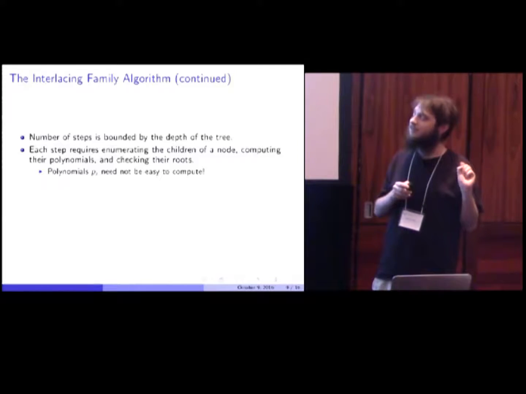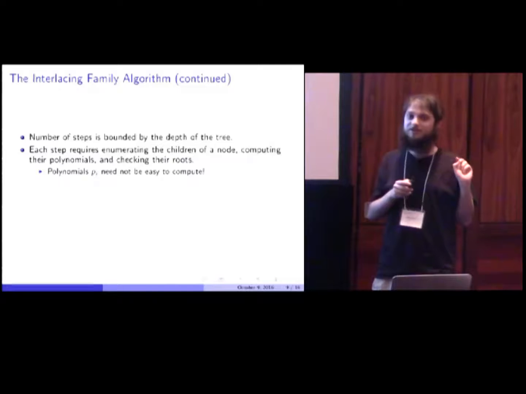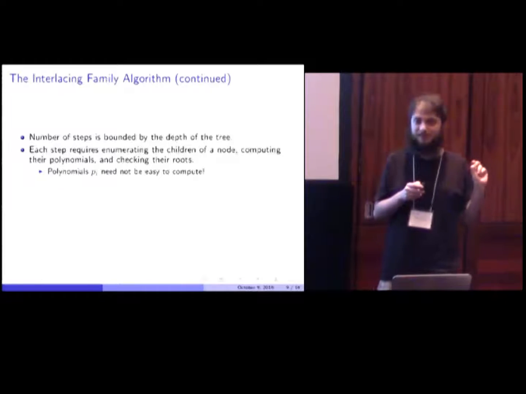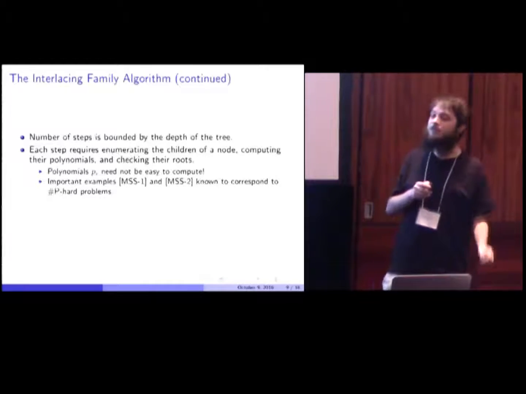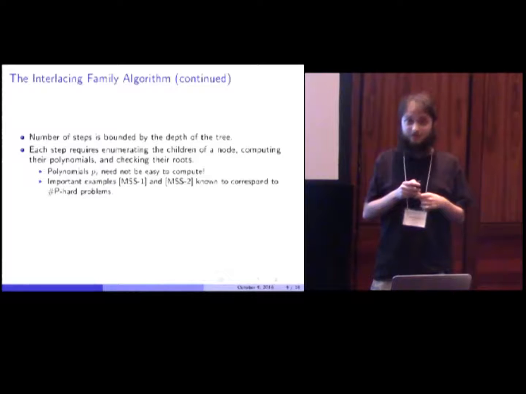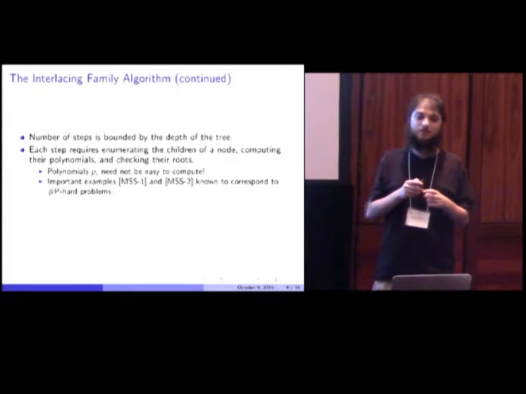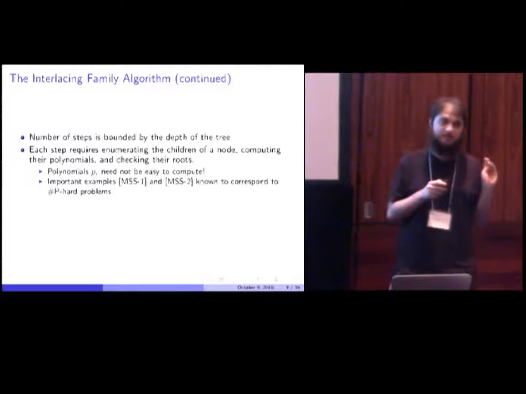So basically all of these steps are usually easy for most of these natural families, except oddly for computing the polynomials. Importantly, the first two interlacing families papers, the first one on Ramanujan graphs by graph lifts, and the second one on the Kadison-Singer problem, turned out to use basically the same interlacing family.